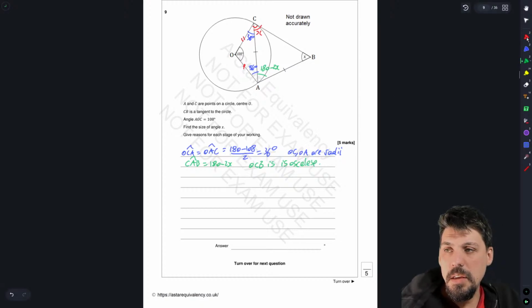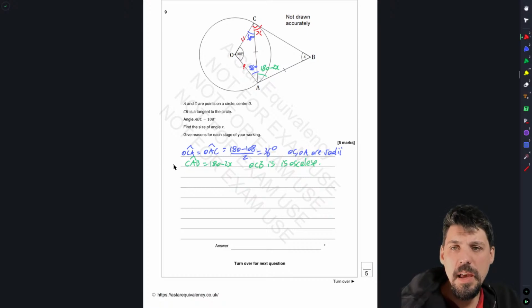And then I think we're just going to add them all together. Oh no, that's useless. Don't need that. Ignore that. ACB is x, because OCB is isosceles.